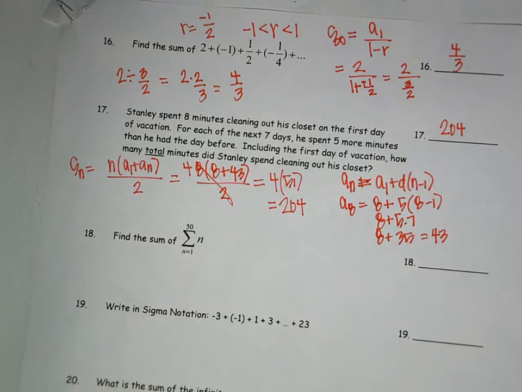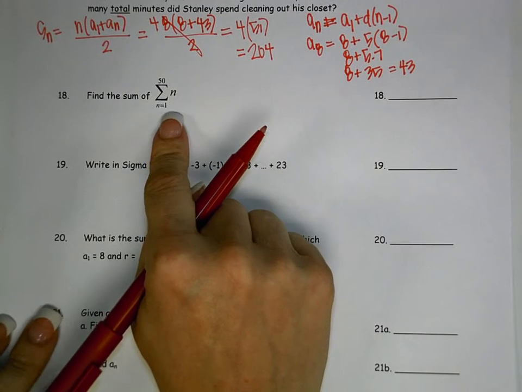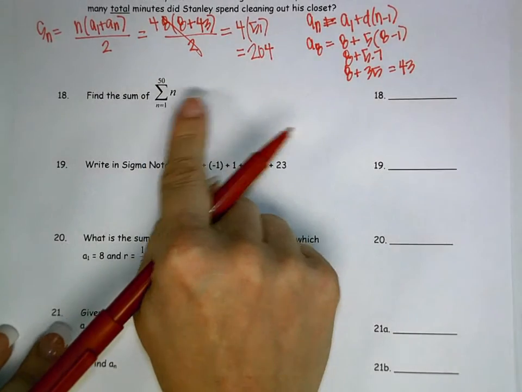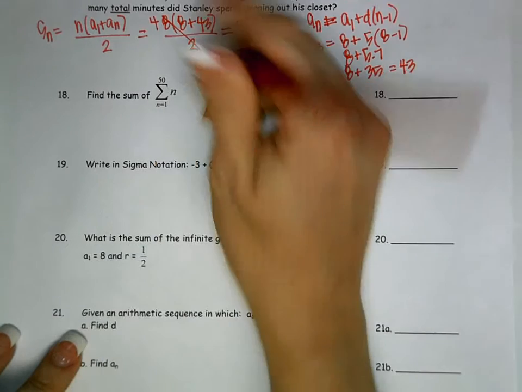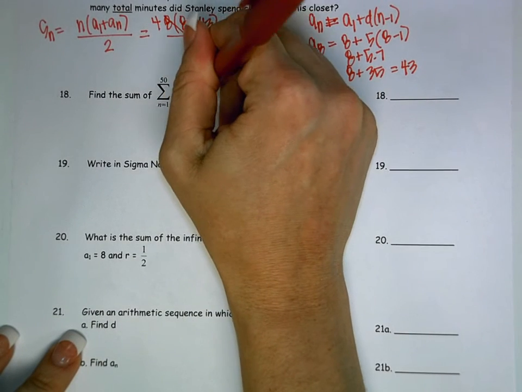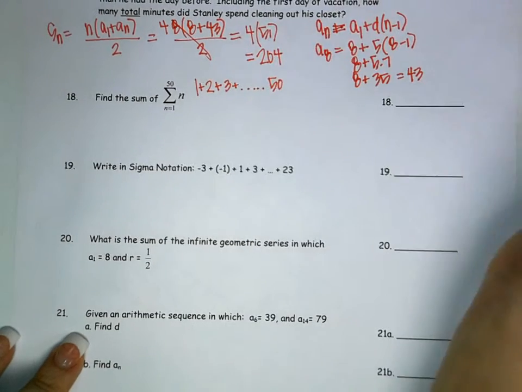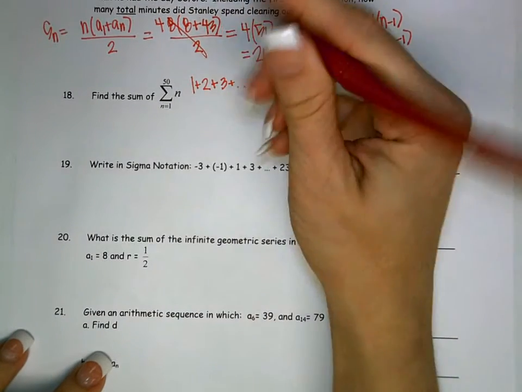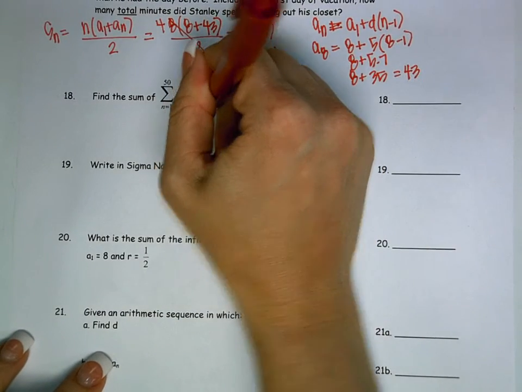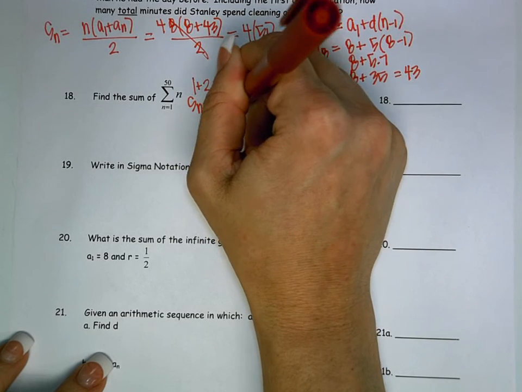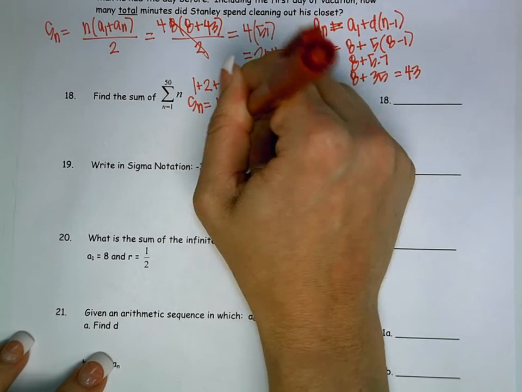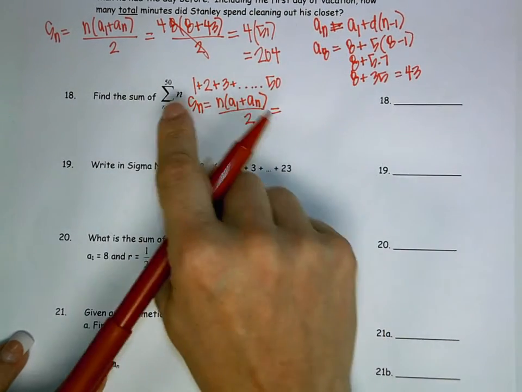Number 18, we're almost done. Find the sum between n is 1 and 50 of just the term n. So that's just basically 1 plus, plug in 2, plus 3, and it keeps going all the way until we get to 50. So this is again another sum. So S sub n equals n times a1 plus an, which is your last term, divided by 2. You know that there's a total number of 50 terms.